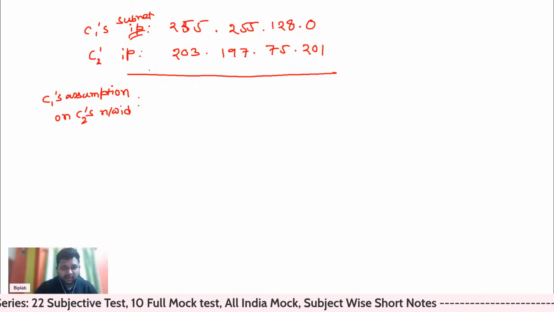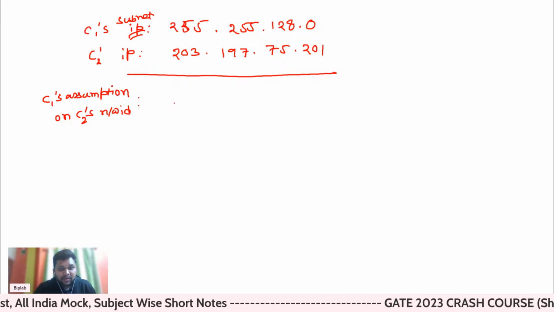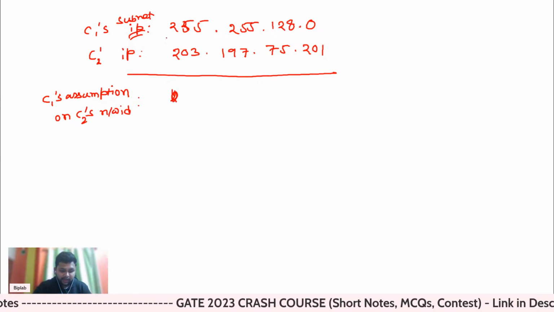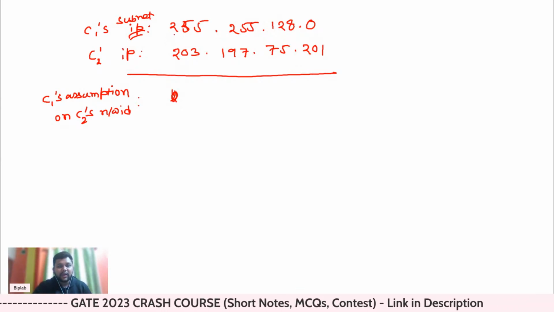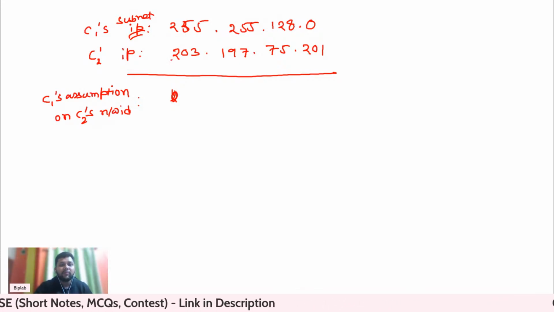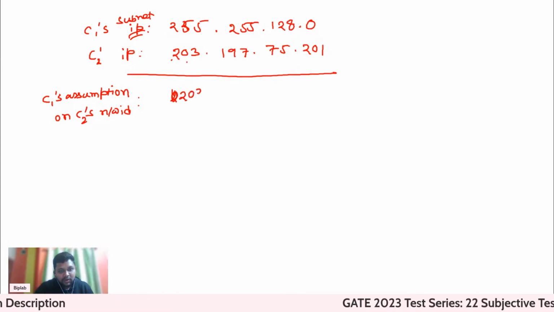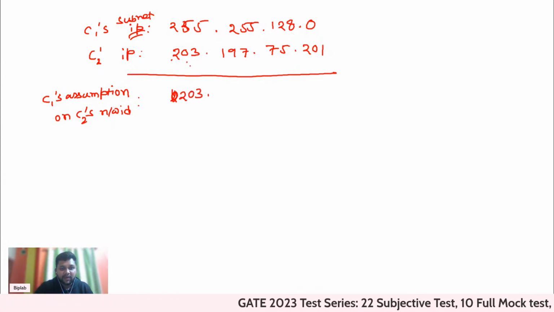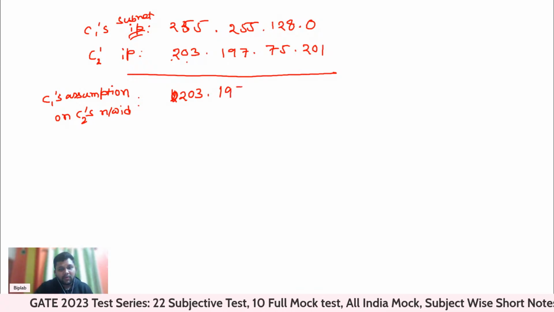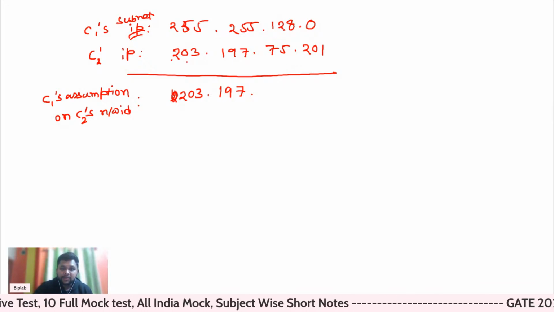Let's see what C1 thinks. For the AND operation, here you have 255, that is all ones, and here you can have ones or zeros, anything. When you perform AND, you will get 203, the same as what you have here. AND of 255 and 197 gives 197.